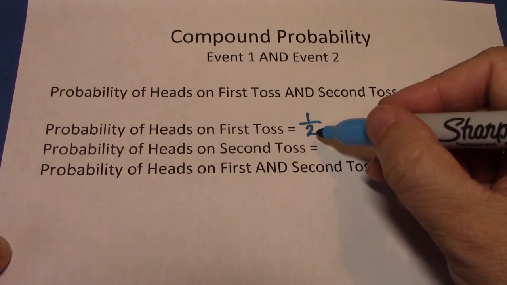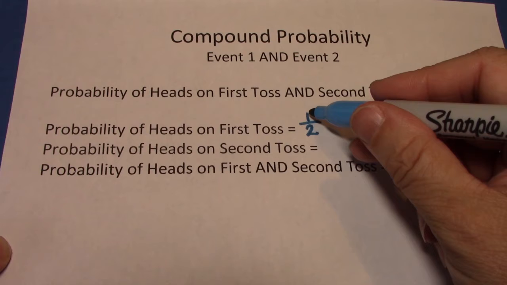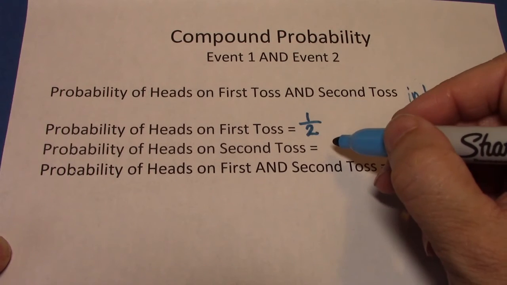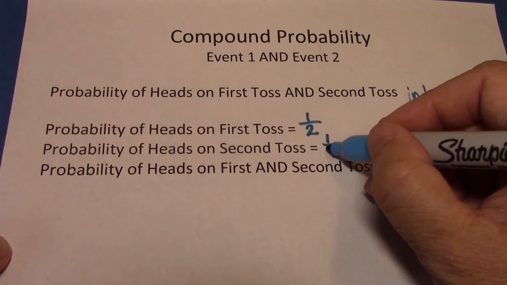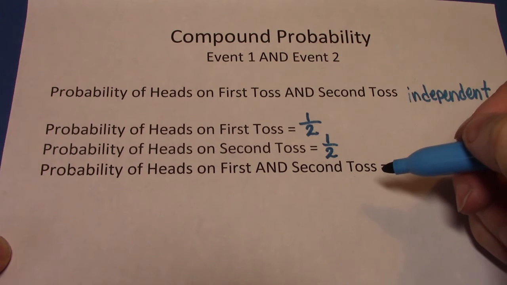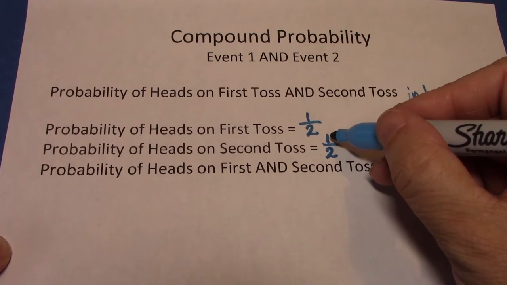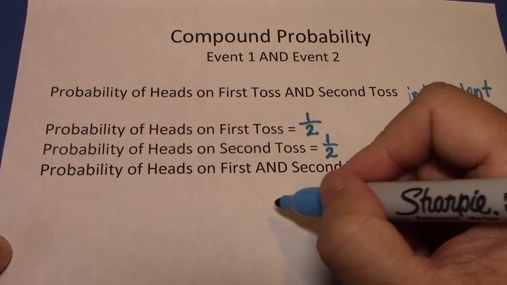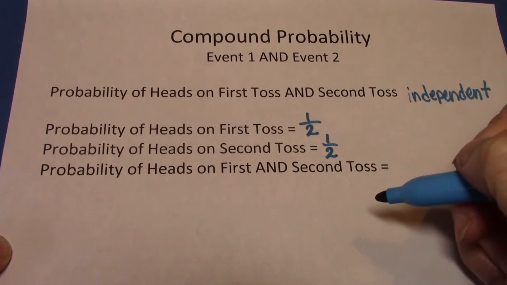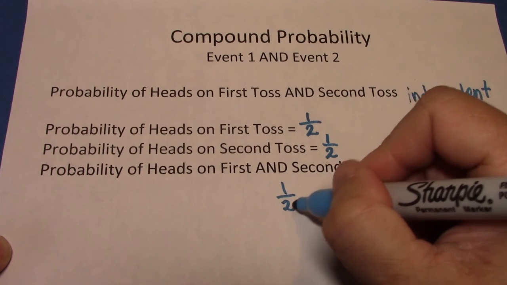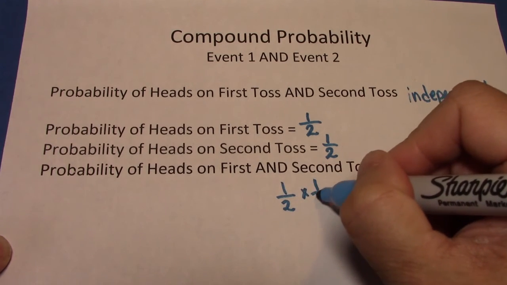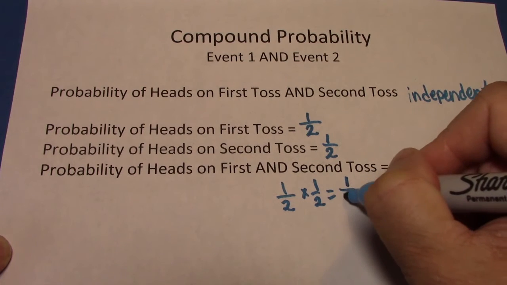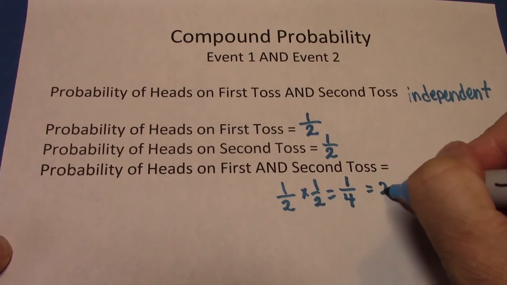There's still 2 possibilities, heads and tails, and heads is one of those. The probability of getting heads on the second toss is still 1 out of 2. 1 successful event of heads out of 2 possibles, heads and tails. So to find the probability of getting heads on the first and the second toss, we're going to multiply those two together. And of course we get 1/4, or 25%.